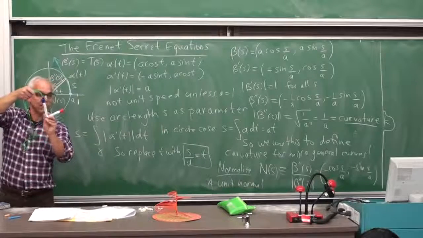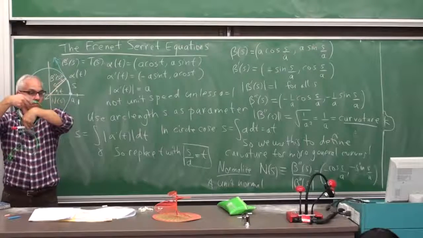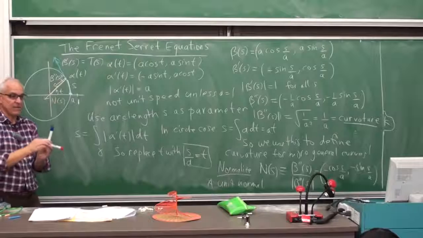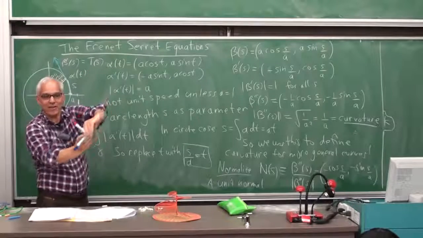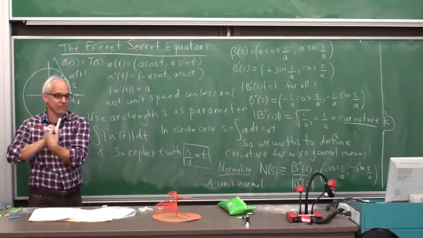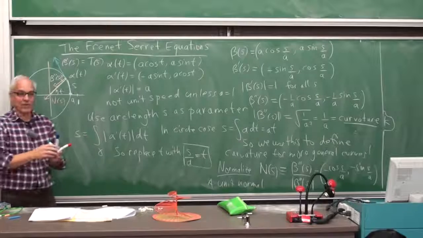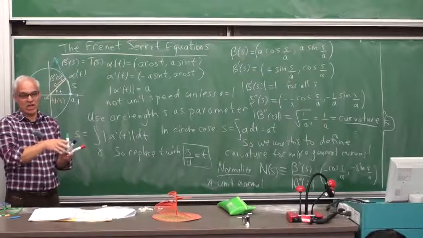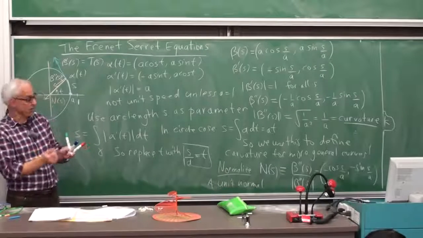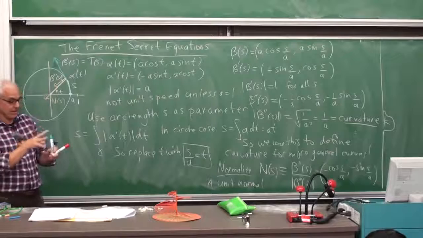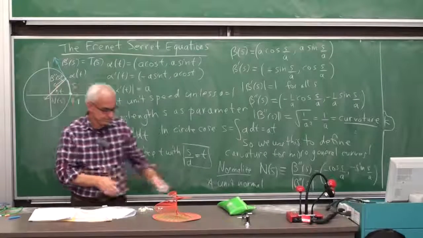We're going to watch these 3 vectors move along the curve, twisting as well as going along. The Frenet-Serret equations tell us how these 3 vectors are changing. They give us very precise formulas involving the curvature and another quantity called the torsion that allow us to completely control what's happening in this unit speed case.